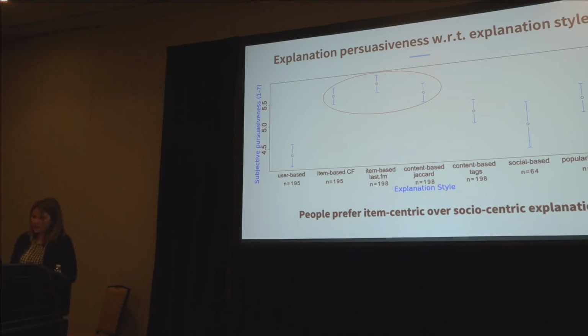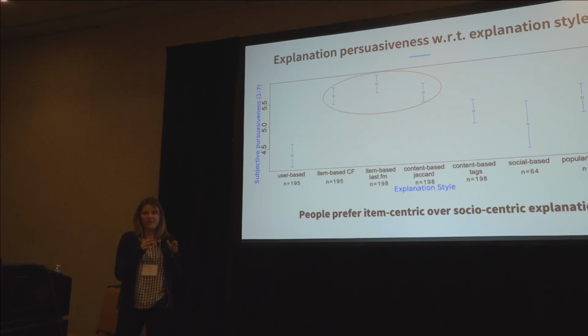However, I'd like to note that the social-based explanation did not perform well, but you can see that there is a big standard deviation. This is because we had many users that didn't have friends on Last.fm. Although at the beginning of the study we told them that in order to participate, they needed to have at least 10 artists in their profile and 5 friends, we only checked that they had 10 artists.